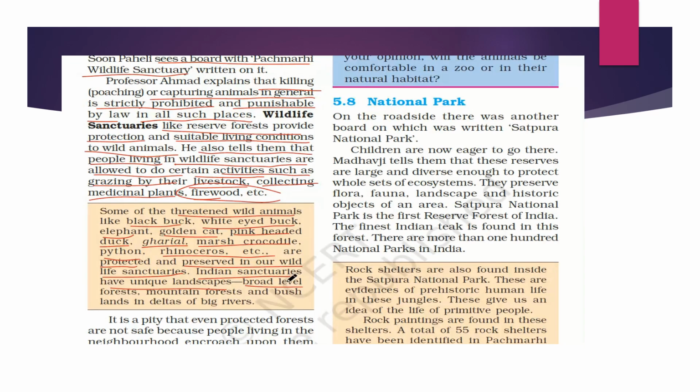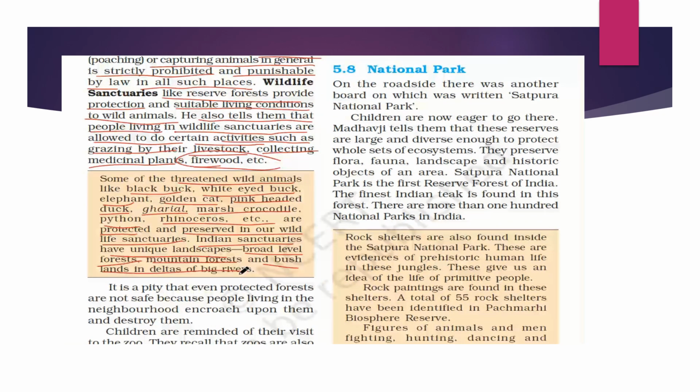They have broad-leaved forests, mountain forests and bushlands in the deltas of big rivers. So there are some threatened animals that we are trying to preserve in these wildlife sanctuaries.